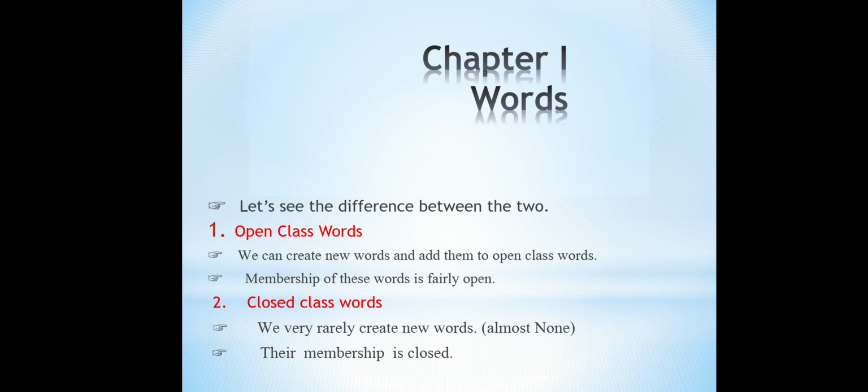Now, the second example belongs to the closed class words, and that is pronoun. The number of pronouns is fixed. We do not create new pronouns and add them to the category of pronouns. So, in case of pronouns, the membership is closed. Their number is constant. Their number is fixed.